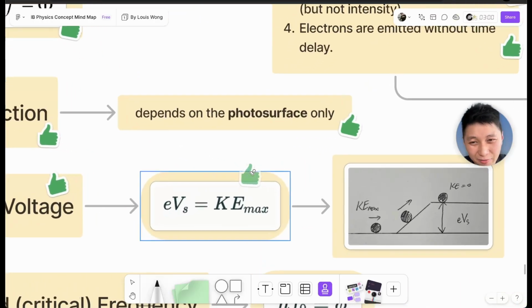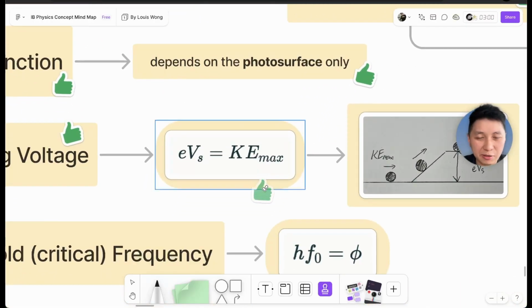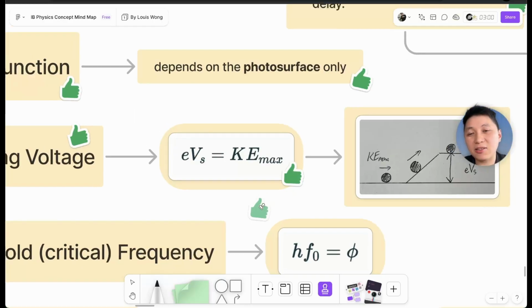And because of this, I hope you have done the experiment, then we can talk about this equation. So eV basically is the energy of that one electron, because they were stopped by this stopping voltage, and therefore you can imagine when they were just liberated from the photosurface, this is the maximum KE they have.